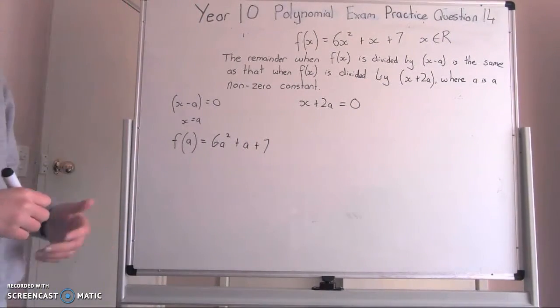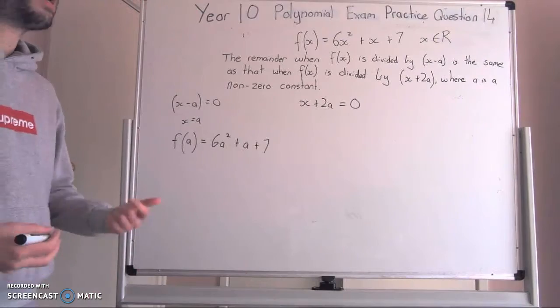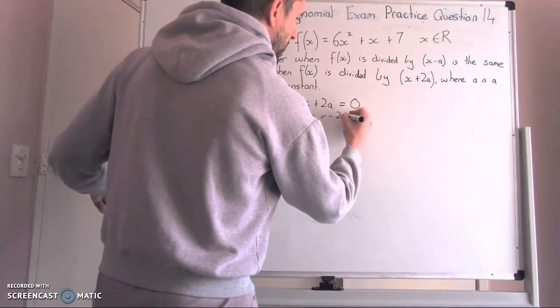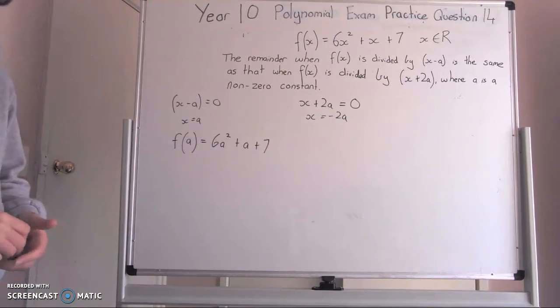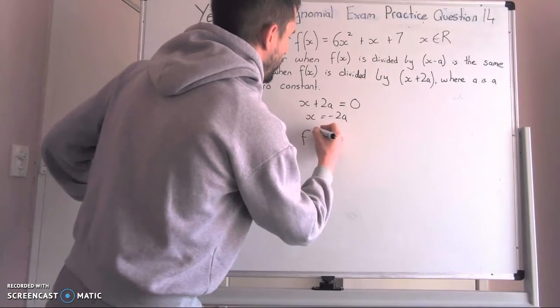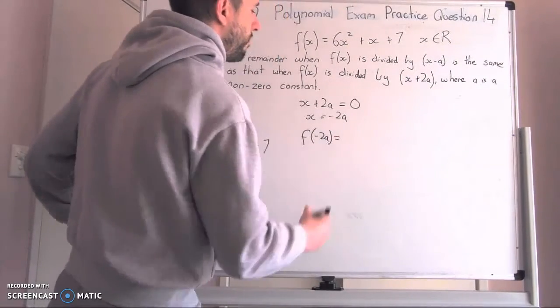So x has to be negative 2a, because I would have taken 2a to the other side. So I'm just going to put that into my function now. f(x) when x is negative 2a.